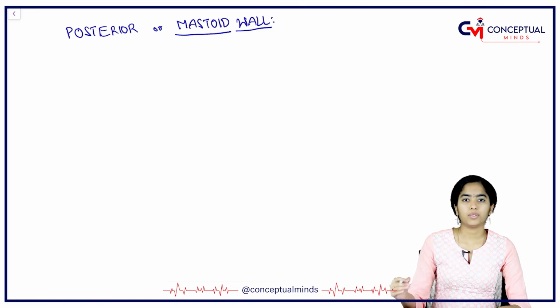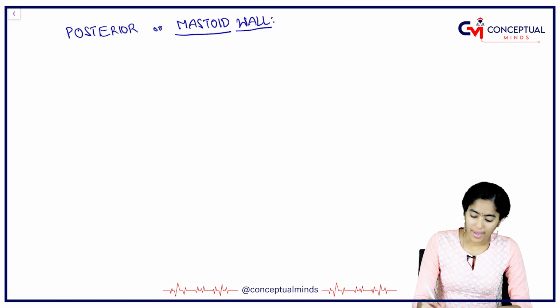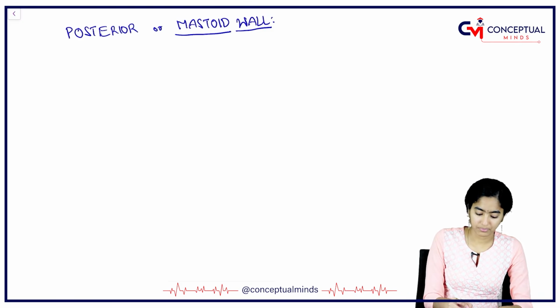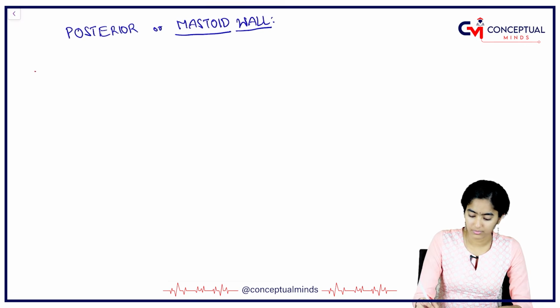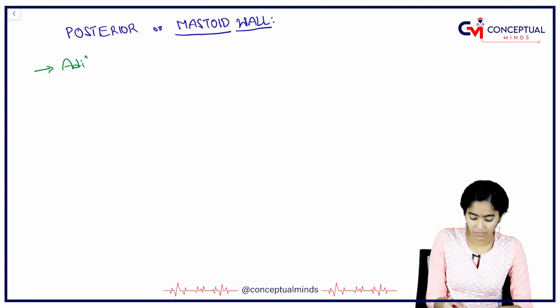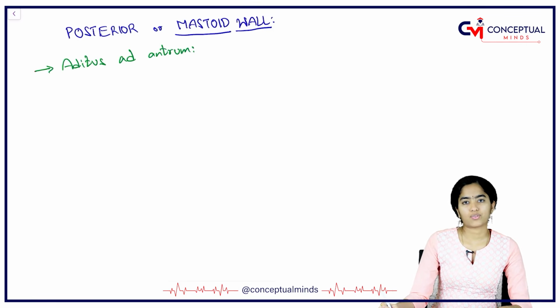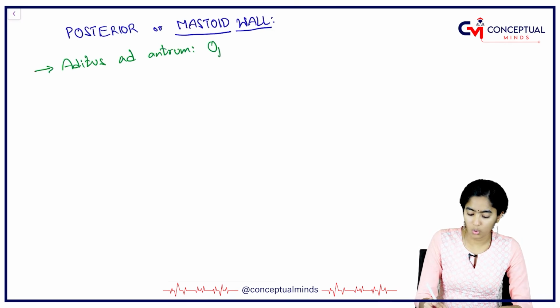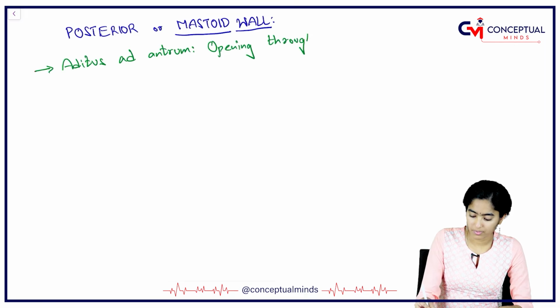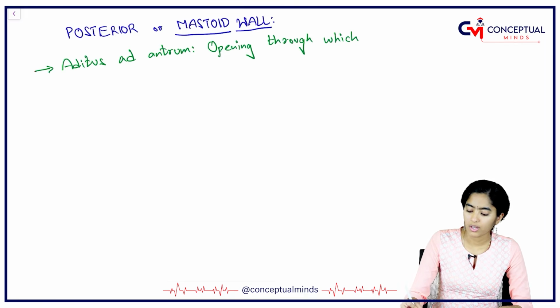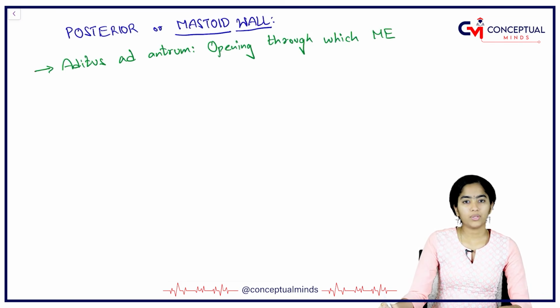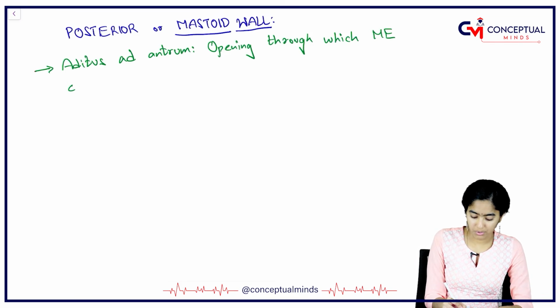That opening is called aditus ad antrum. What is aditus ad antrum? It is an opening through which the middle ear communicates with the mastoid antrum.